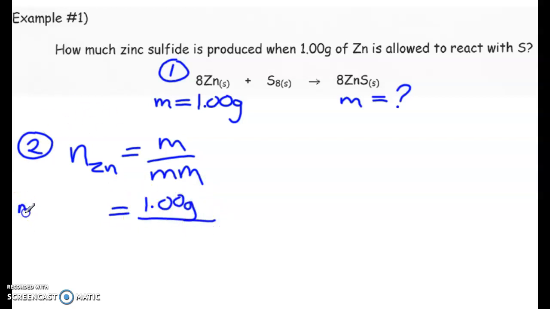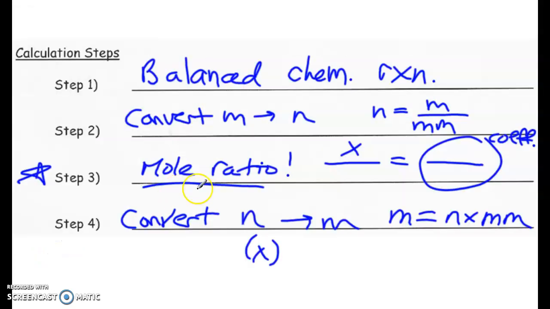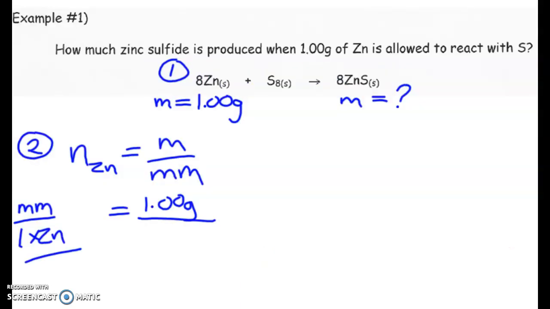Now for the molar mass of zinc, it's just 1 times zinc. The coefficients are never used when doing the molar mass, okay? The coefficients are only used when we do the mole ratio section. So when you're doing the molar mass values, it has nothing to do with the coefficient.